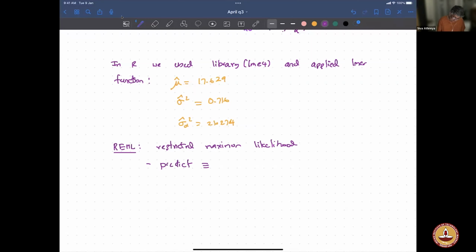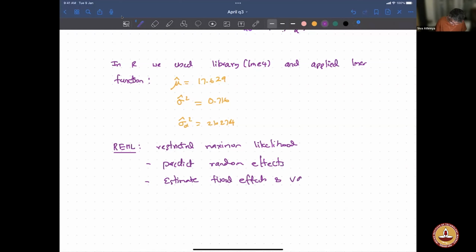Write down, we predict the random effects. And we estimate fixed effects and variance parameters. This is something we estimate.